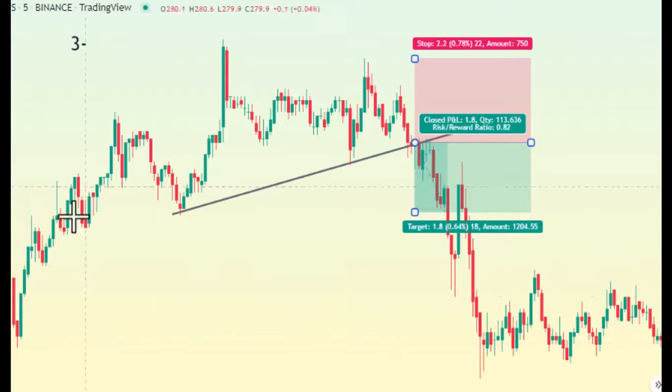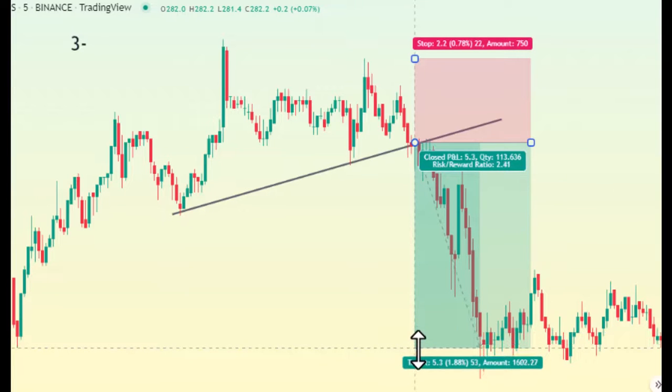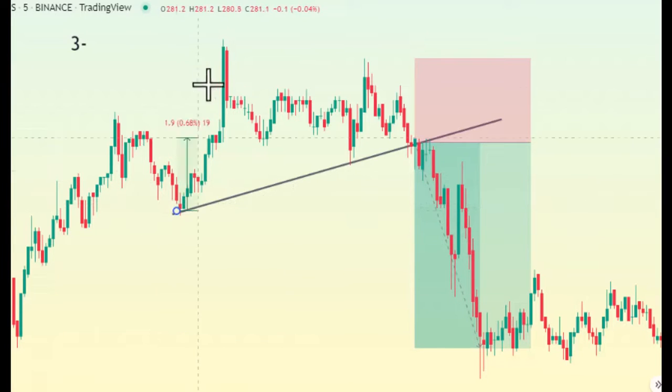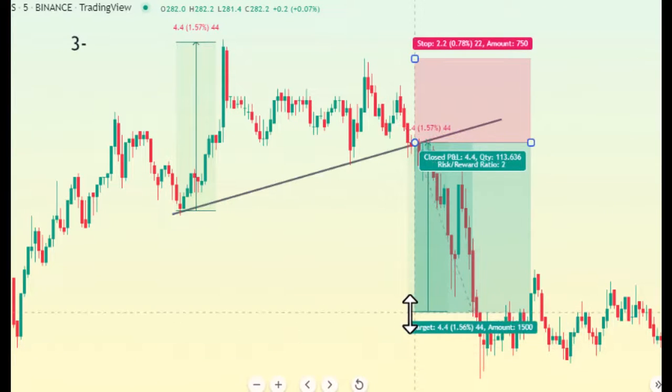I mean, here we can put it on the last support or resistance level, or we can measure the head and copy paste here, and put our take profit position on this measure that we measured before.